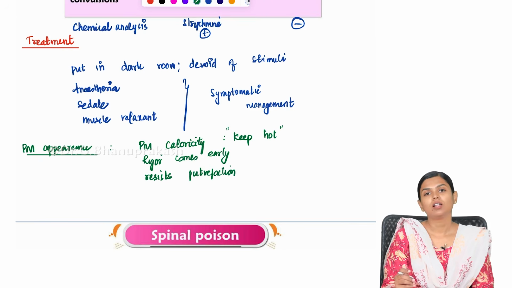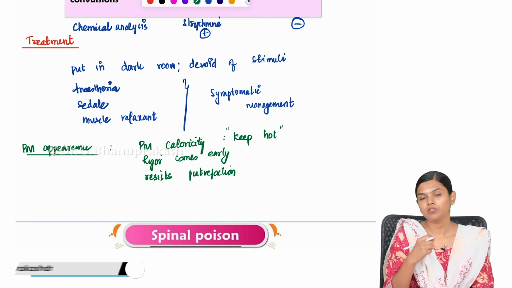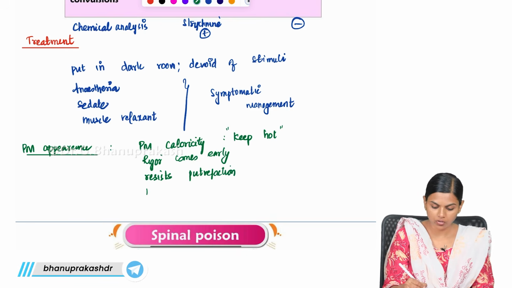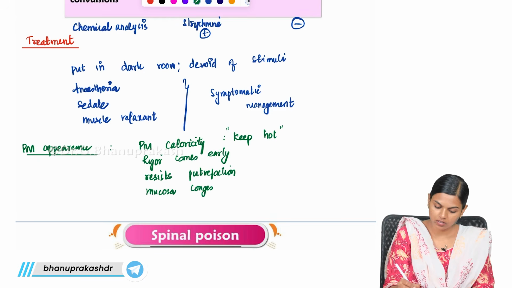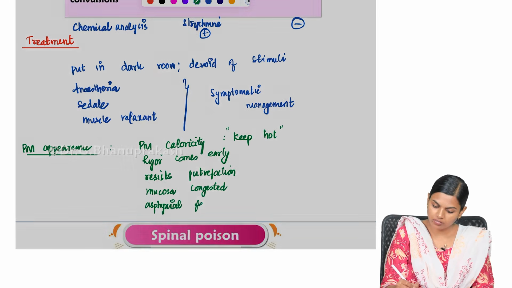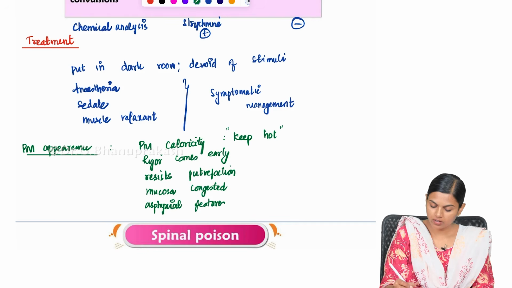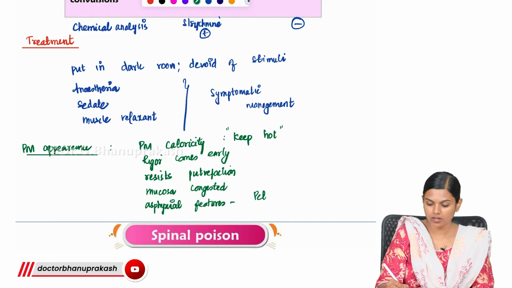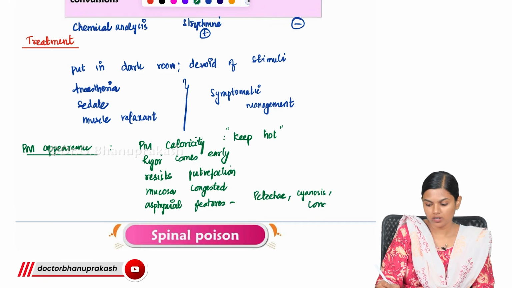And even the seeds will be found inside the intestine, and the mucosa will be congested, and you will get to see all asphyxial features, like petechiae, cyanosis and congestion.